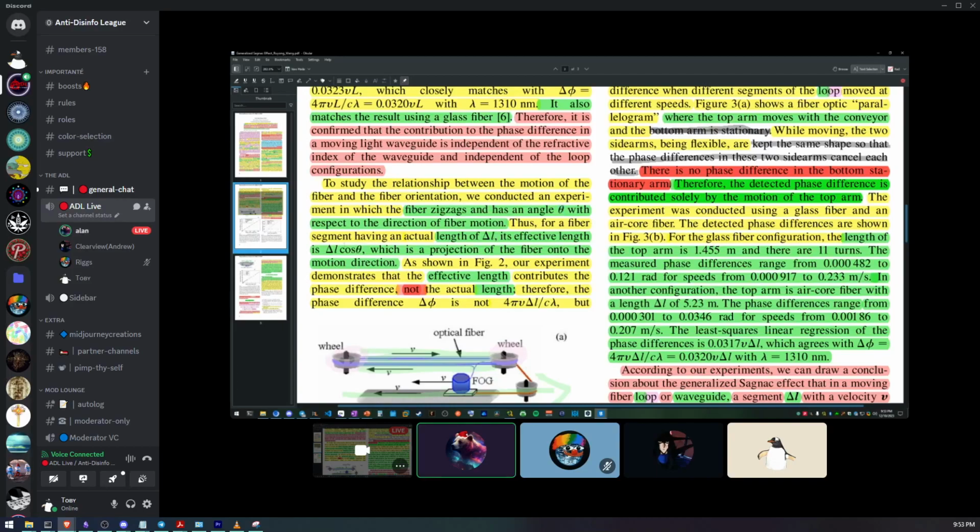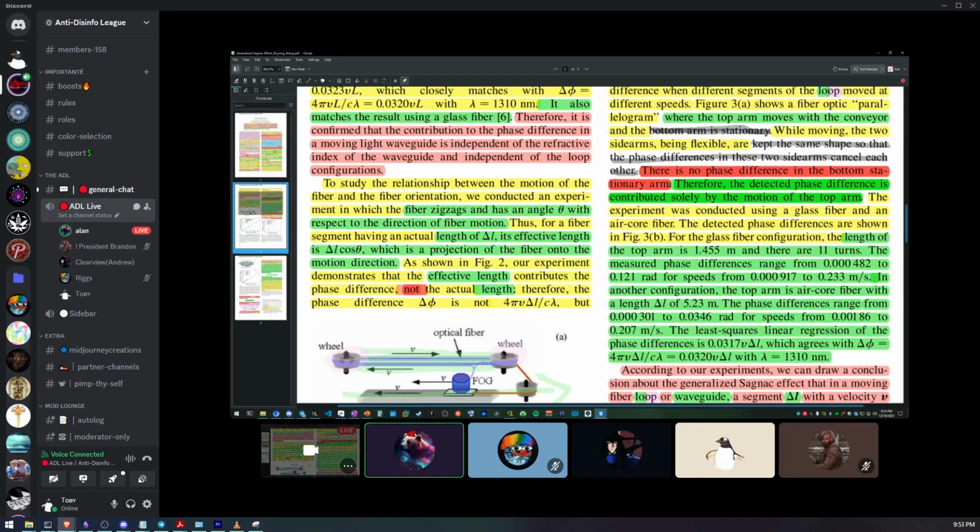Thus, for a fiber segment having an actual length of delta L, its effective length is close to delta L cosine theta, which is the projection of the fiber onto the motion direction. As shown in figure 2, our experiment demonstrates that the effective length contributes to the phase difference, not the actual length.